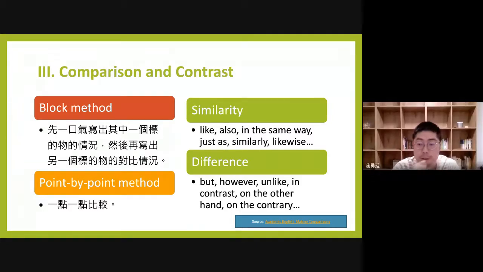All right, so probably you can take a look here, which is about how we can write an essay about comparison and contrast. Actually, there are two different ways you can take a look. The very first way you can use will be the block method. Basically, it is the idea that you write the very first thing first, and then the next.